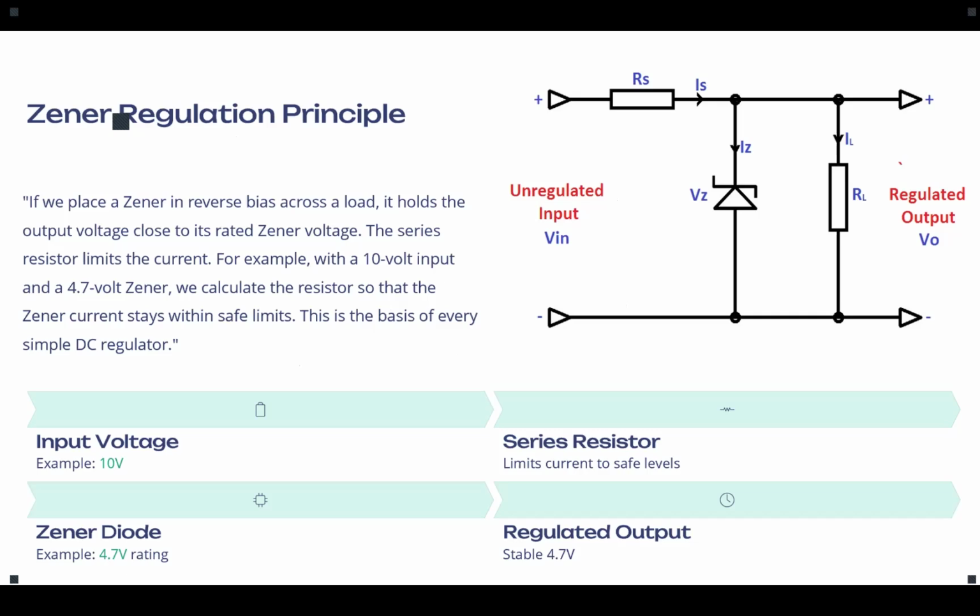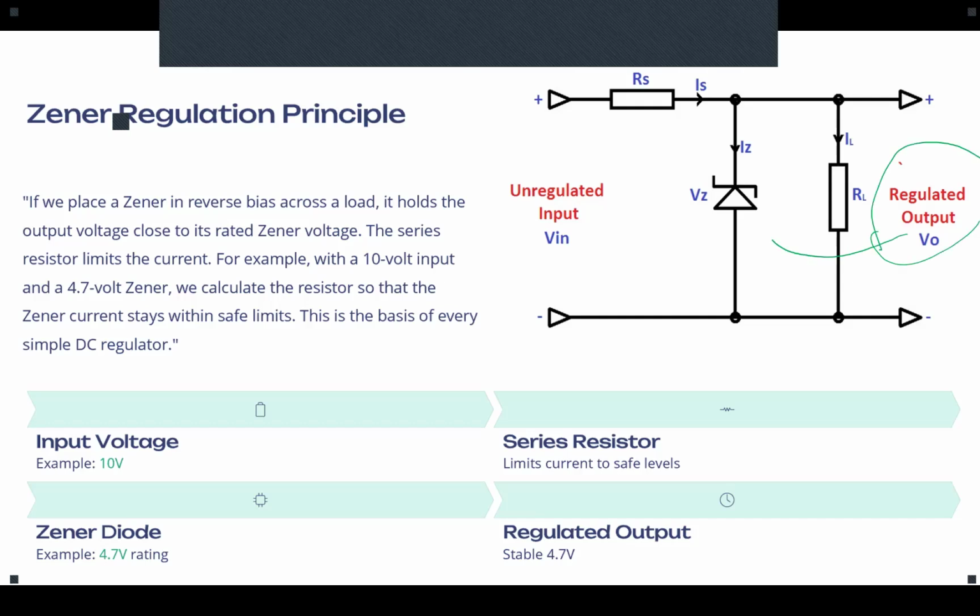Now, here is one example of a Zener diode used for regulating the voltage. At the input, we have the unregulated voltage. We use the Zener diode in reverse bias, parallel to our output. The result would be a regulated voltage equal to the Zener voltage of this Zener diode.